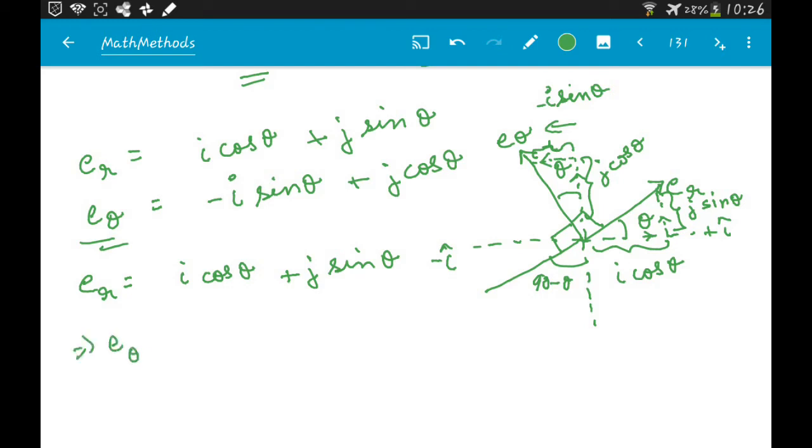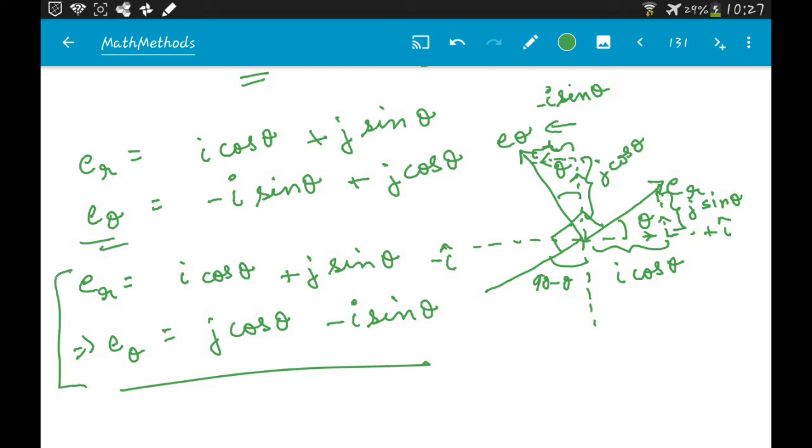So you get E theta is j cos theta minus i sin theta. So both from the vector diagram analysis and from calculating the arc length part, you are going to get the same equation. This is just to show you that vectors also add up nicely.